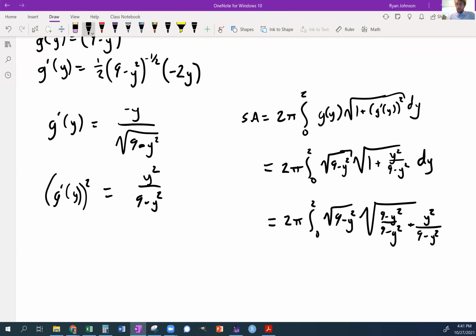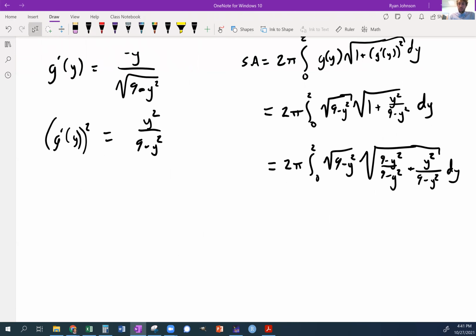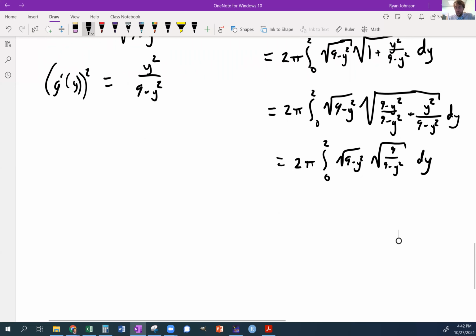Look at that, a minus y squared and a plus y squared. So this is going to equal 2 pi times the integral from 0 to 2 of the square root of 9 minus y squared times the square root of 9 divided by 9 minus y squared. You guys seeing what I'm seeing yet? I think some things are going to cancel out.